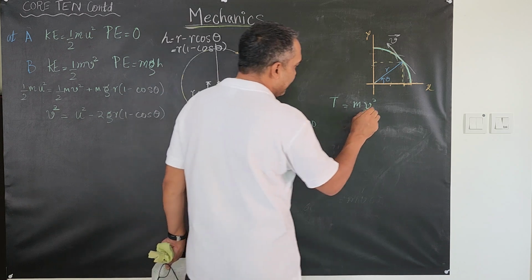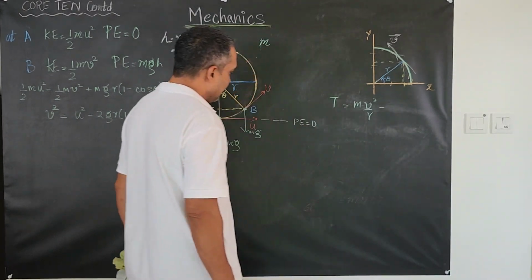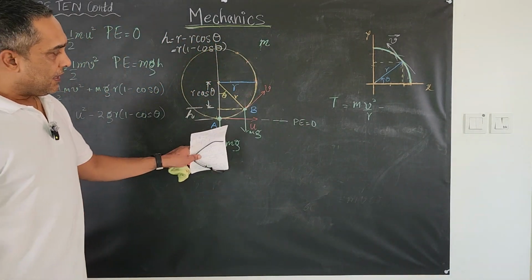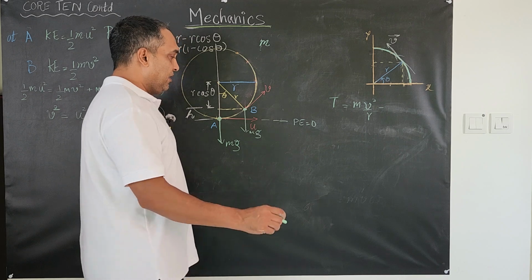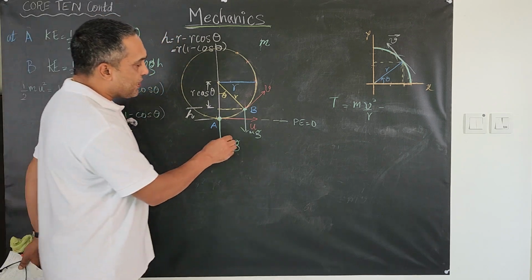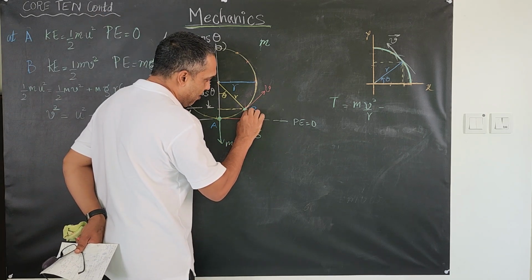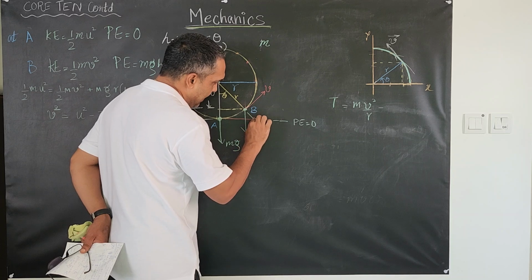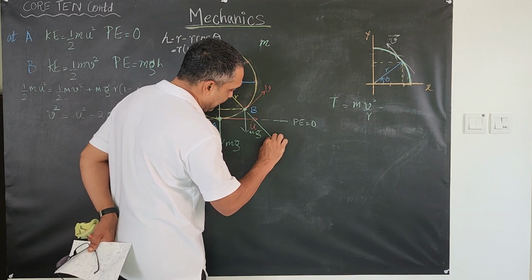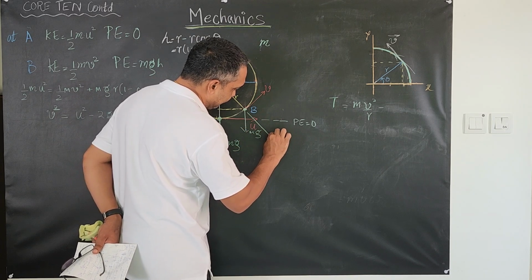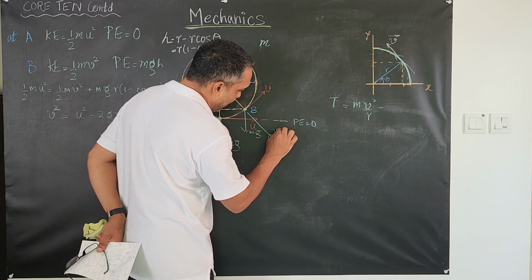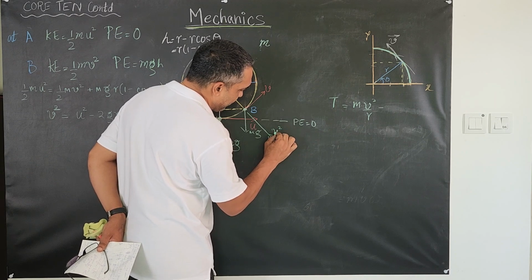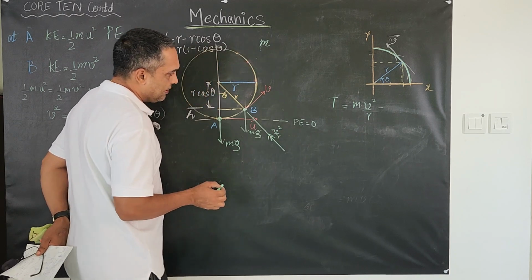Here, minus something else. mg. Is it mg? Not quite. It is the component of mg, because the acceleration component is like that. That's the v squared by r acceleration.